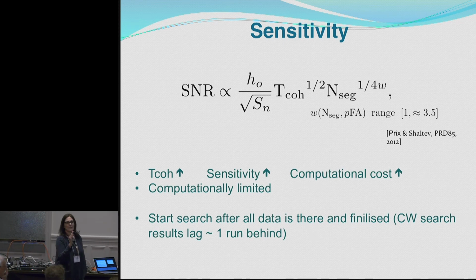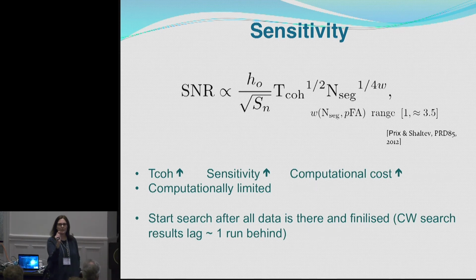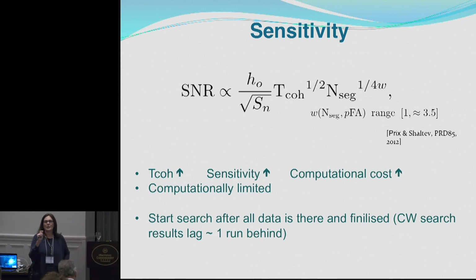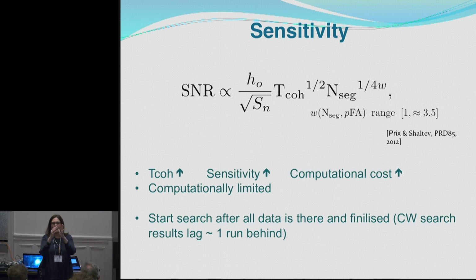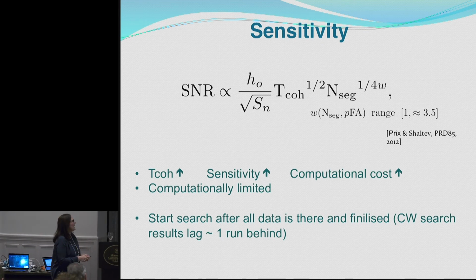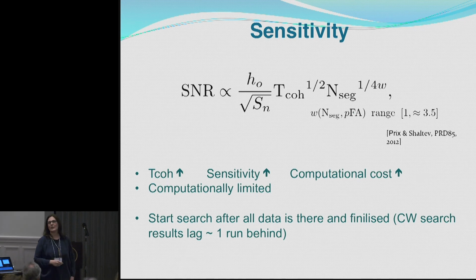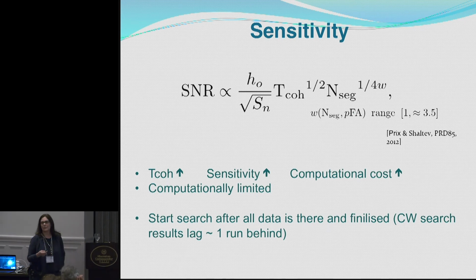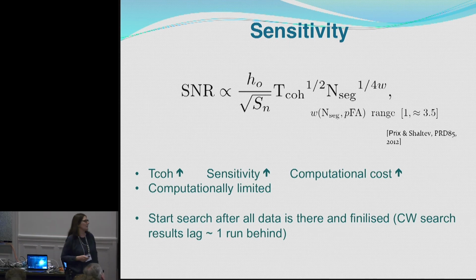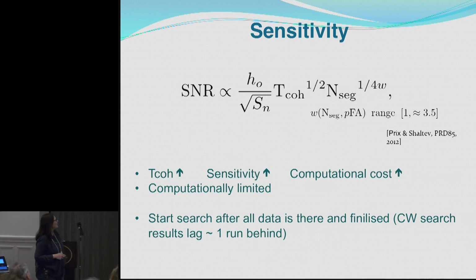Why is that? Because the Doppler modulation during the observation time is such that the signal is all still in a bin. The instantaneous frequency during, let's say, half an hour doesn't move by more than a frequency bin associated with half an hour, which is of the order 10^-4 seconds.